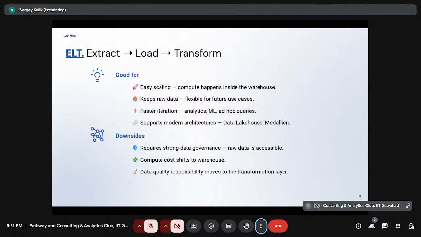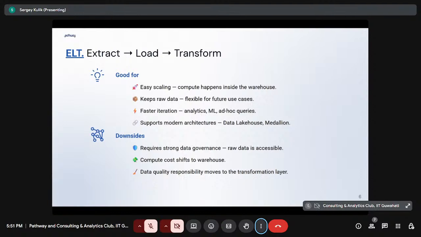Also, the good practice for ELT is to keep the raw data, because we read the data source and place the data from the data source in what is called the bronze layer. We'll talk about it two slides later.